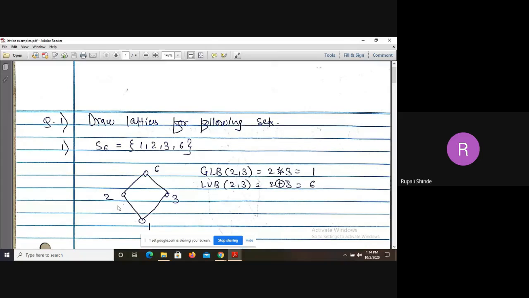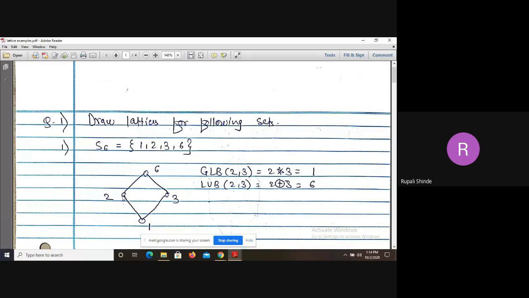Again we have to check whether each and every pair of elements has only one greatest lower bound and least upper bound. Here we consider the pair of elements 2 and 3. The greatest lower bound of 2 and 3 is represented as 2 star 3, and its value is 1. The least upper bound of 2 comma 3 is represented as 2 XOR 3, and its answer is 6.